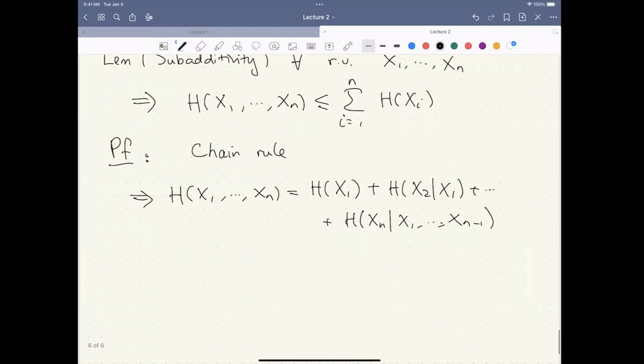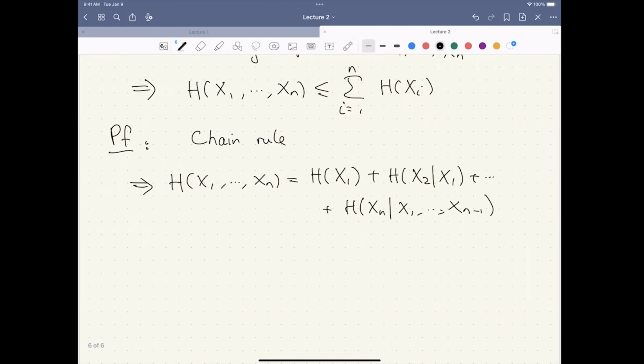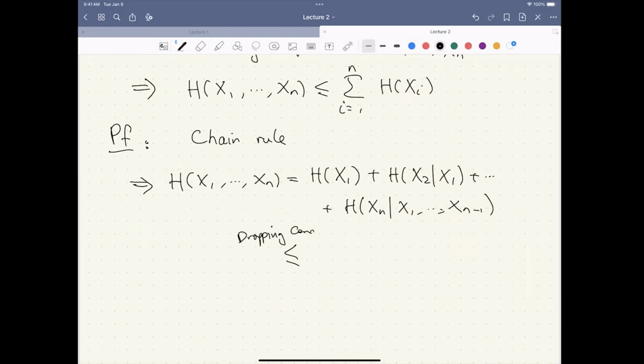All right. Now we can do dropping conditioning. If you drop this conditioning, entropy is only going to be larger. So this is at most h of x1 plus h of x2, dot dot dot, h of xn.